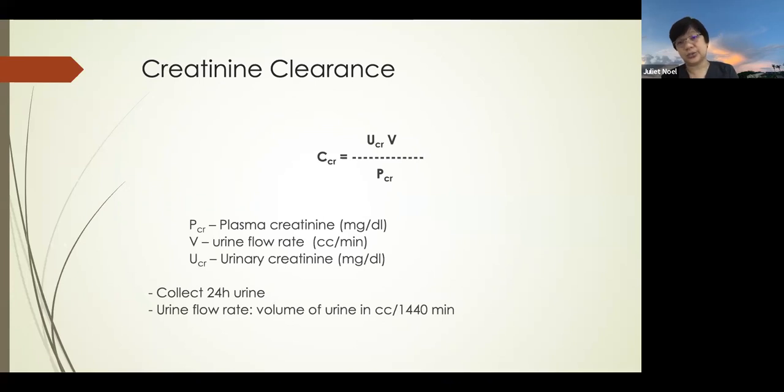Otherwise, it's useless. Before interpreting the creatinine clearance result, you have to check for the adequacy of the collection. You're not there to see if the 24-hour urine was adequately collected, but there's a way to check the adequacy.